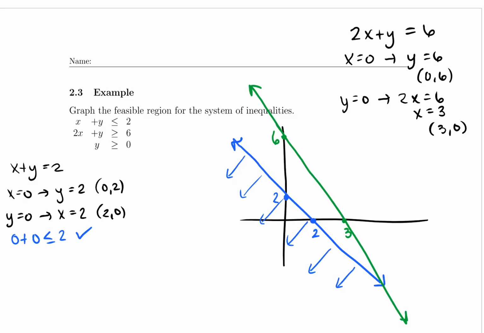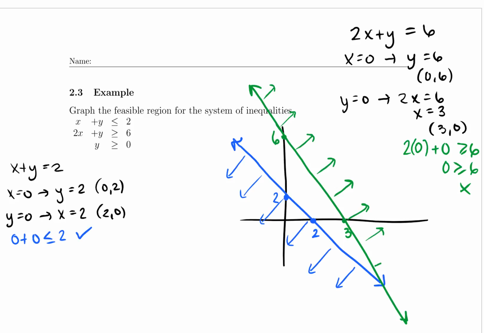And let's go ahead and test which direction our solution set is. So if we test the origin, because we know the origin is not on our line, 2 times 0 plus 0, is this greater than or equal to 6? 0 is not greater than or equal to 6, so our solution set must be pointing away from the origin.